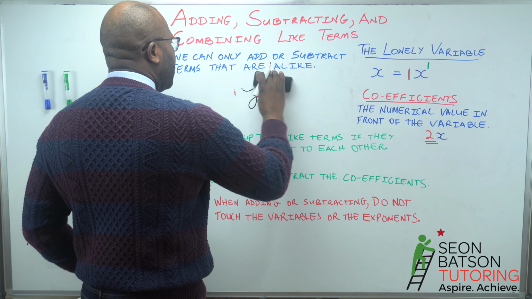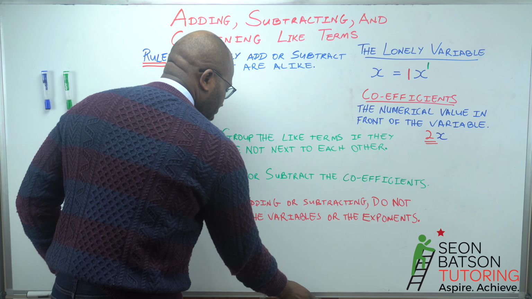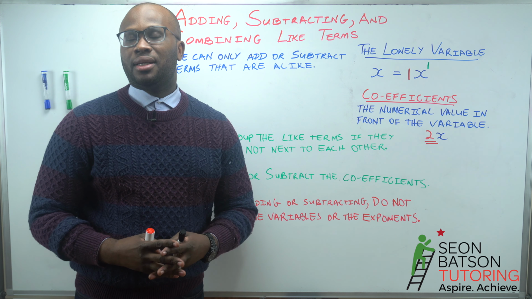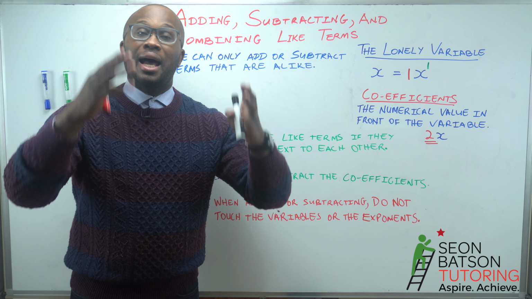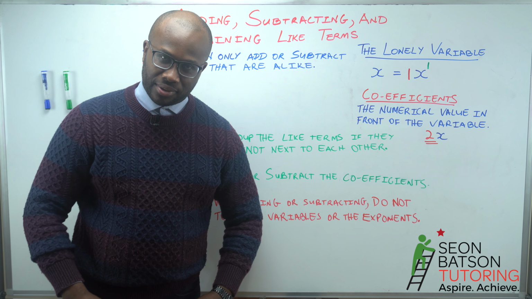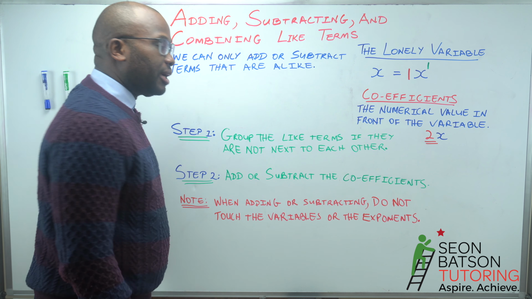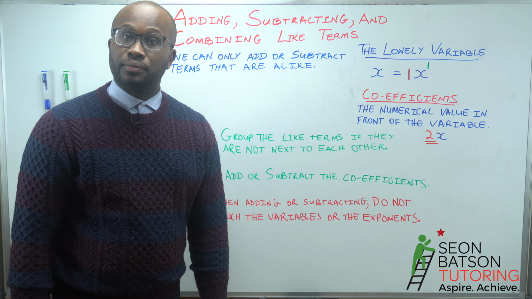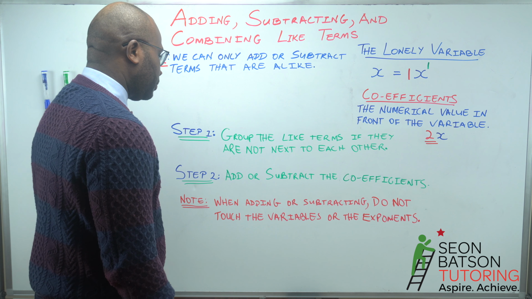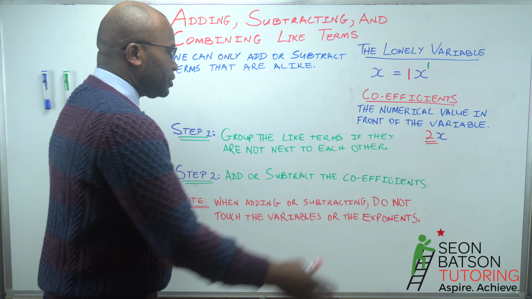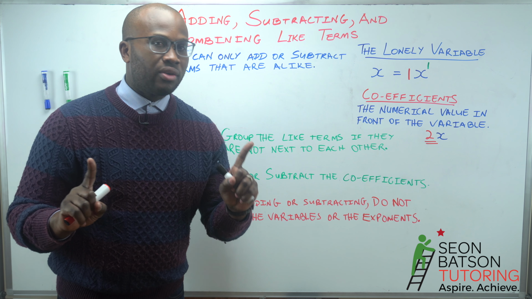Now, I am going to teach you two very simple steps that will help you master the concept of adding, subtracting, and combining like terms. Step 1, we will group the like terms if they are not next to each other. Step 2, once we have them grouped, we will add or subtract only the coefficients.